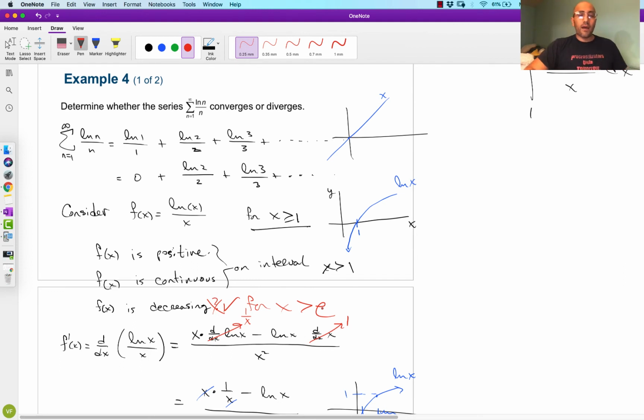And then we've just discovered that the integral from 1 to infinity of ln x over x diverges. So we can conclude that this guy is also going to diverge.